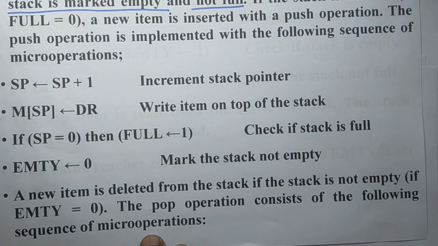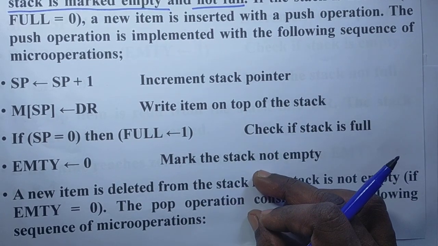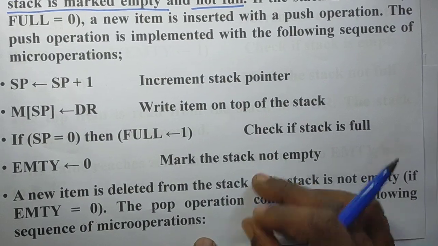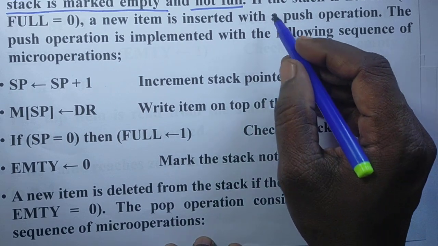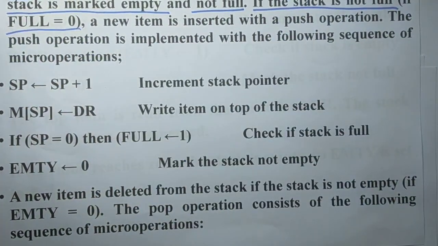If empty is 1, space is there. If empty is 0, meaning not empty, then we have to consider accordingly. If the stack is not full, then full is 0, which means some space is there.